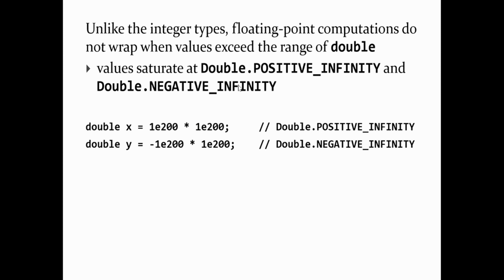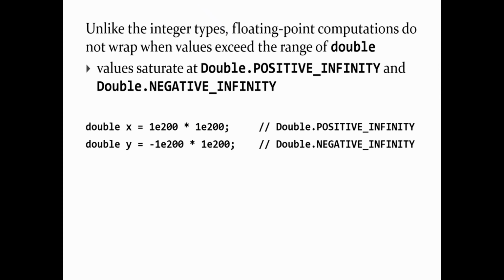Okay. Now, unlike the integer types, the floating point types don't wrap. So if I take two really, really big double values and multiply them together, it doesn't wrap around the other end. So it's different than the way that int behaves. For the floating point types, the values saturate.